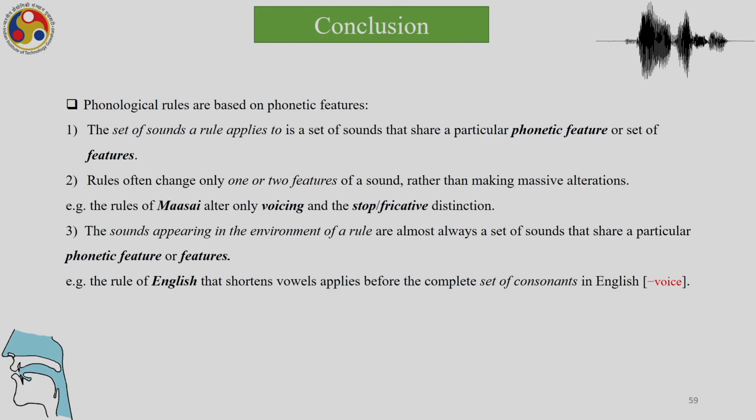So phonological rules are based on phonetic features, and the set of sounds a rule applies to is a set of sounds that share a particular phonetic feature or set of features. And rules often change only one or two features of a sound rather than making massive alterations. The rules of Maasai alter voicing and stop-fricative distinctions, and you can see that there are only one or two features involved.